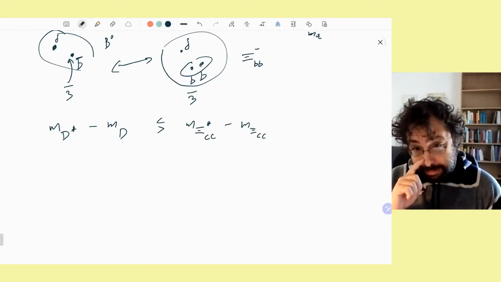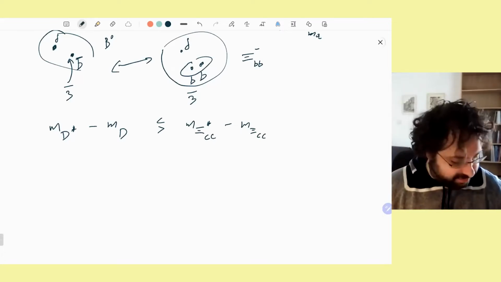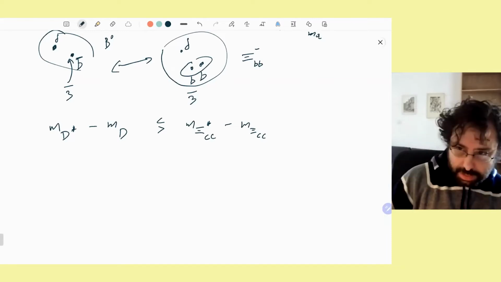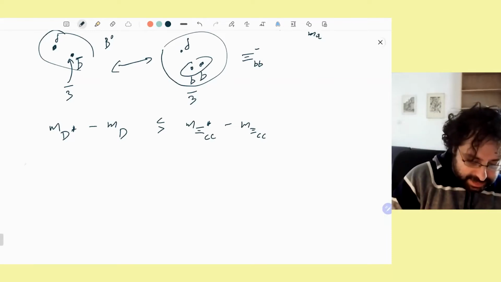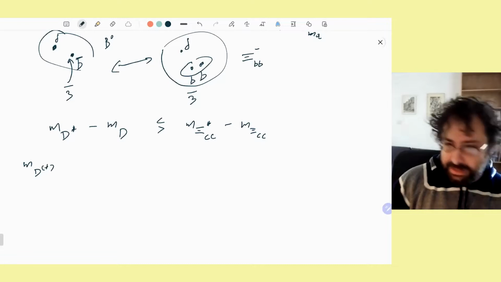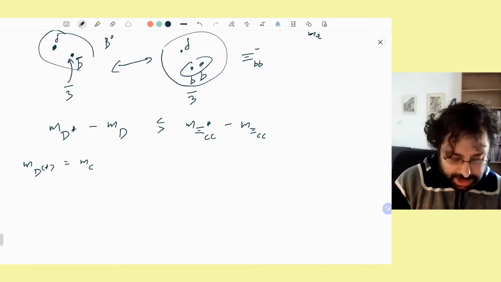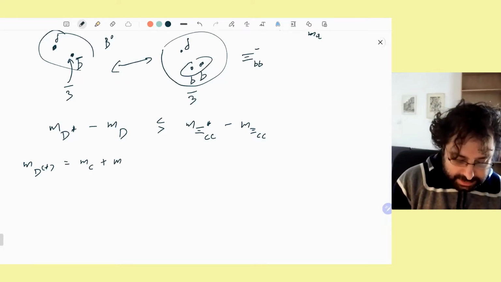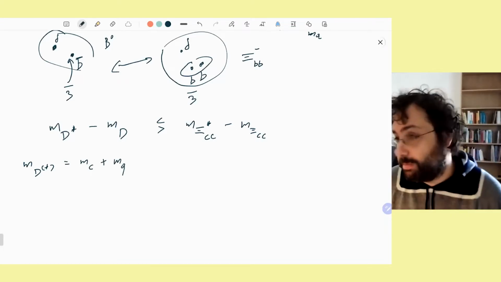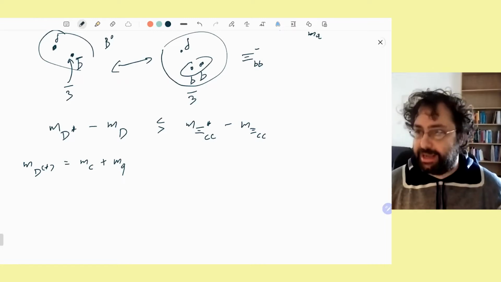Well, we learned about the mass formula and the spin-spin interaction. So we can immediately write what is the mass of the D star. What's this? Well, the content in quarks is the mass of the charm plus the mass of the light quark. We assume isospin symmetry, so whatever light quark is fine.